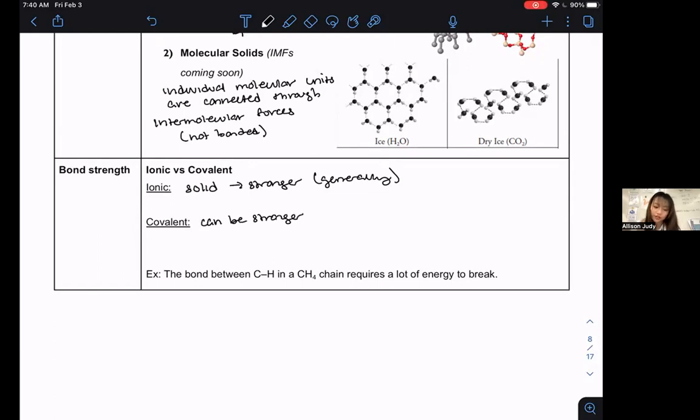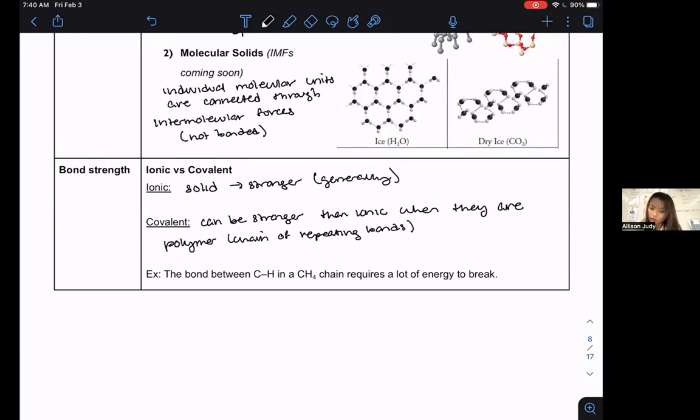Covalent, however, can be stronger. Okay, not just as a solid, but in general, can be stronger than ionic when they are polymers, which is basically chains. Polymers, which is like a chain of repeating bonds.